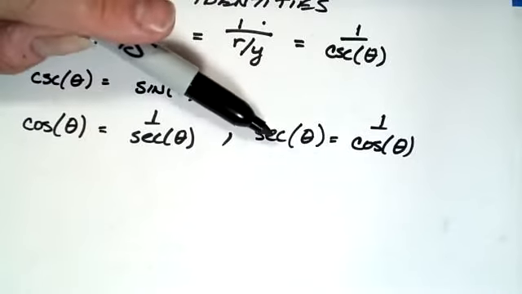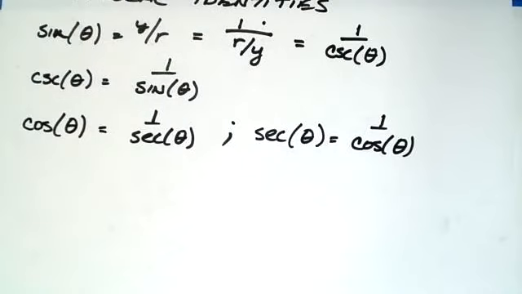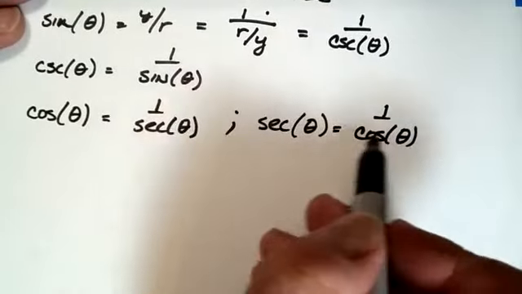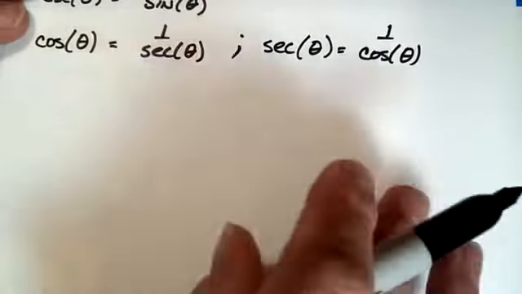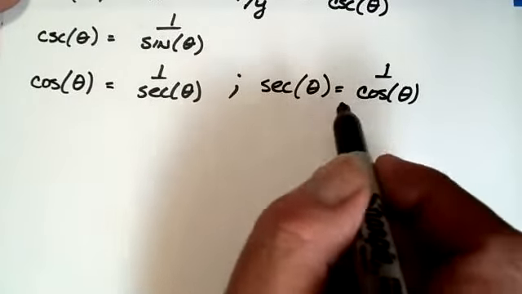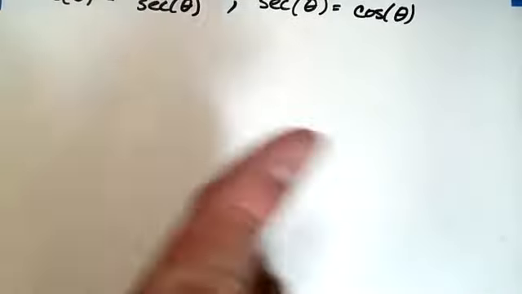So it is not true that secant of theta is equal to 1 over cosine of x or some other thing, or that secant of 1 degree is equal to cosine of 7 degrees. It just doesn't work that way. The only way these identities work is if these are actually the same angle. But it's true for all angles, provided that these functions are both defined, which it turns out some of them are and some of them aren't.